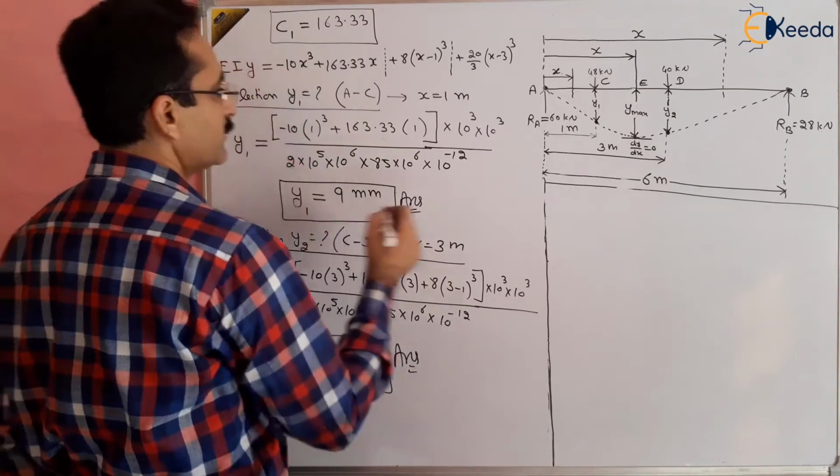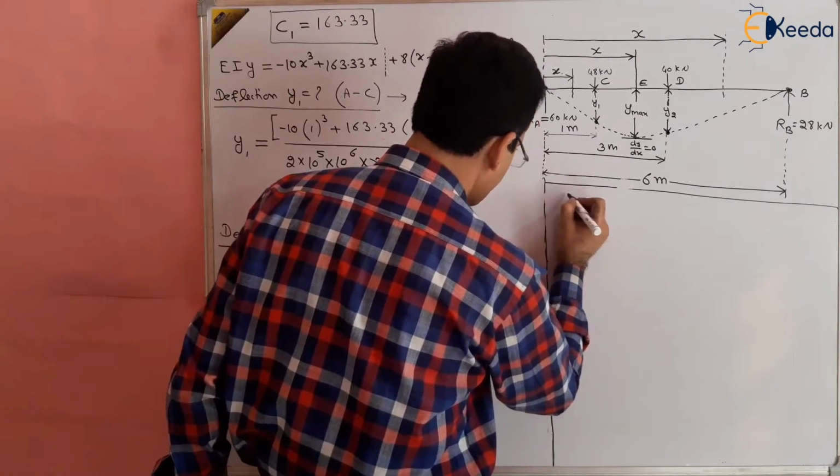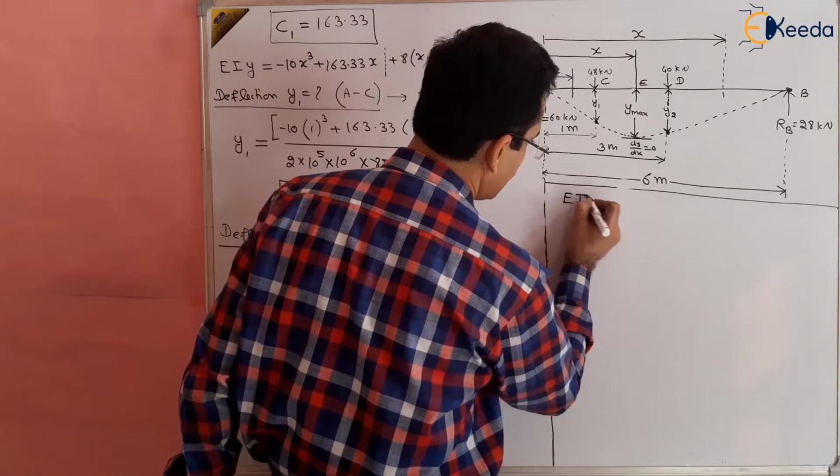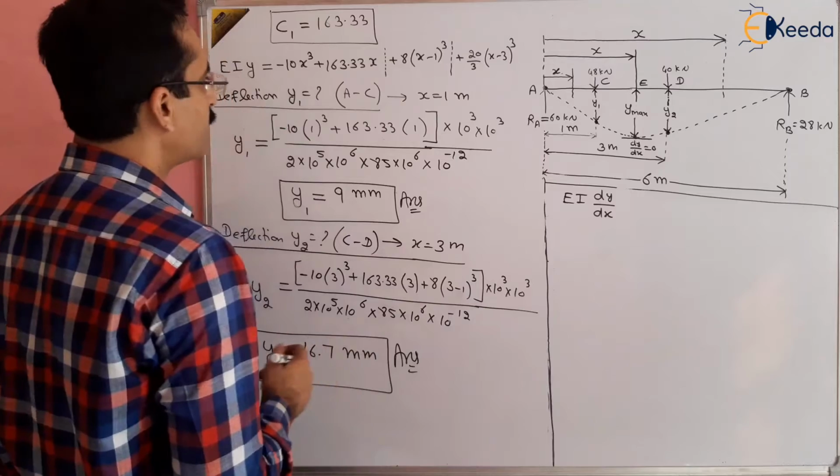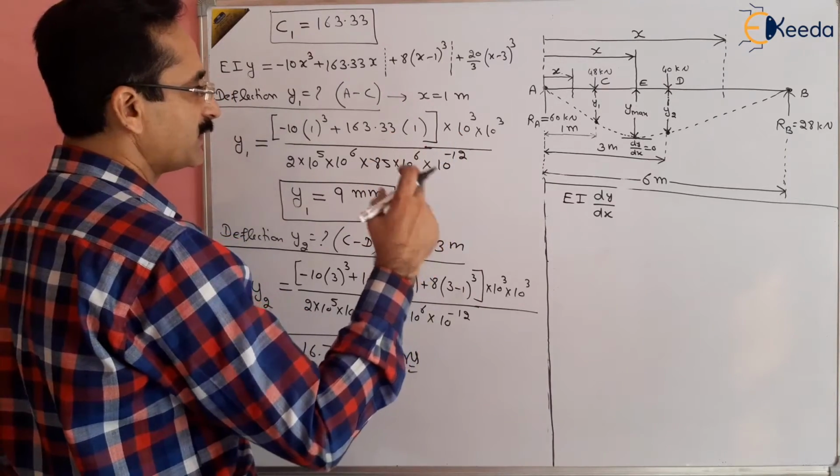So differentiate it again, or otherwise we know the differential equation is there, EI dy by dx. This equation we already used when we were integrating the deflection equation.